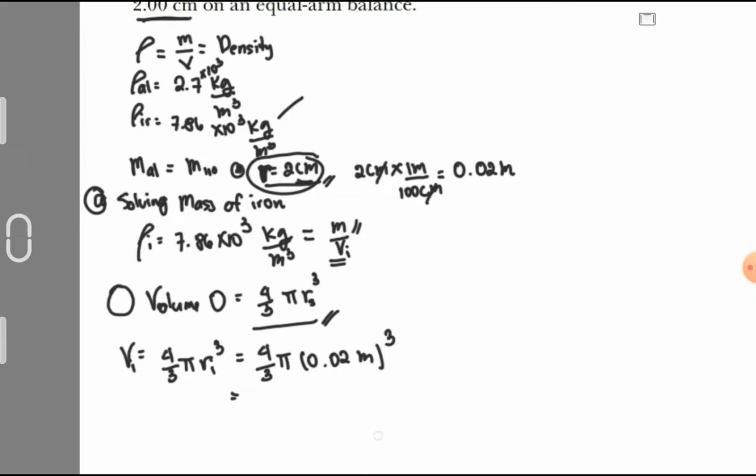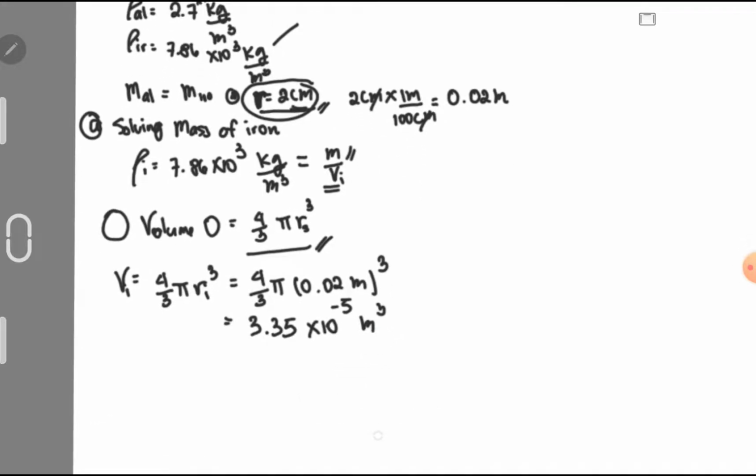Therefore, I will have a volume equal to, so use your calculator in solving this one, 3.35 times 10 raised to -5 meter cube. Okay, so we'll have a rho. Substituting the value of your V i, we'll have rho i, which is equal to 7.86 times 10 raised to 3 kilogram per meter cube, equal to my mass of iron, which is unknown.